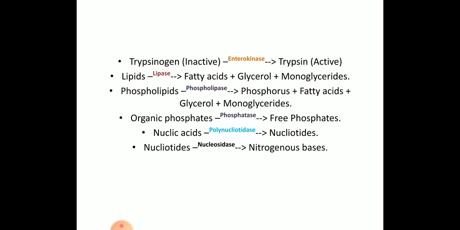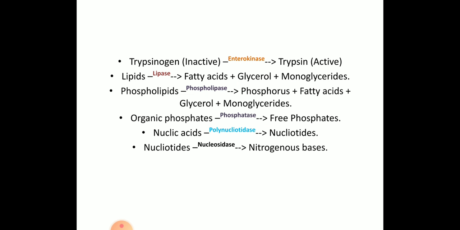Lipids, in the presence of lipase, are converted to fatty acids and glycerol. Phospholipids are converted into phosphoric acid, fatty acids, glycerol and monoglycerides in the presence of phospholipase. Organic phosphates, in the presence of phosphatase, are also converted to free phosphates.